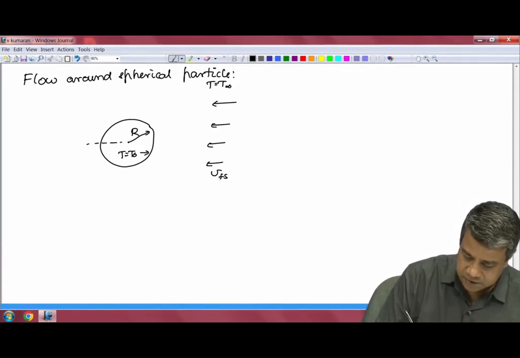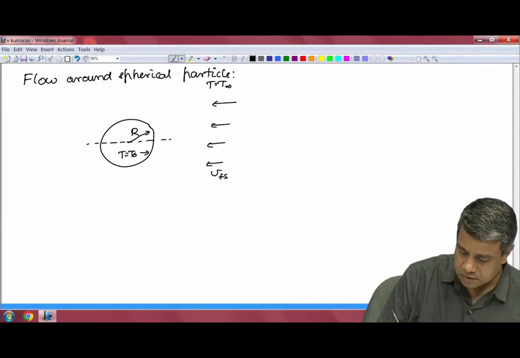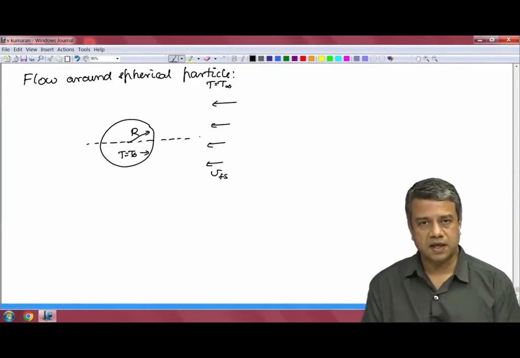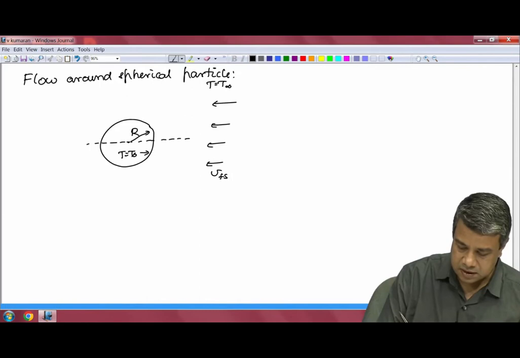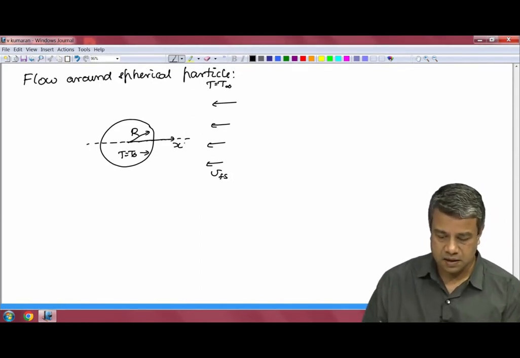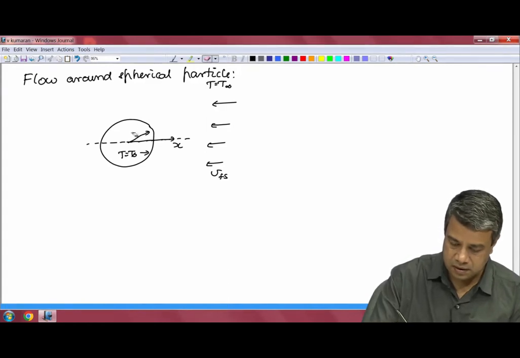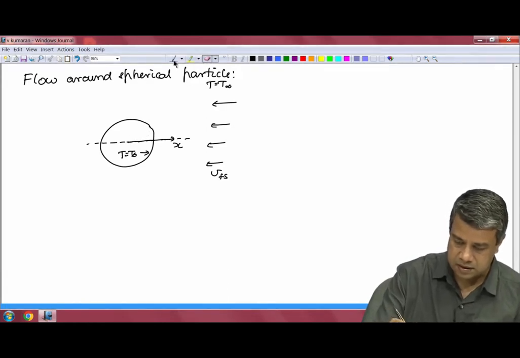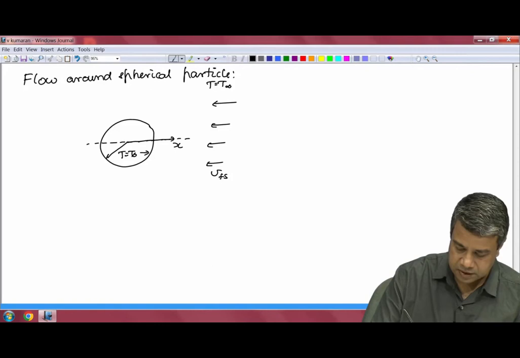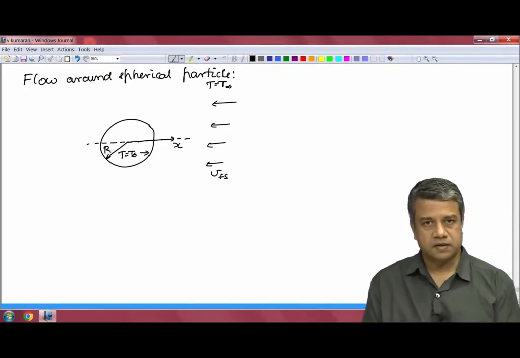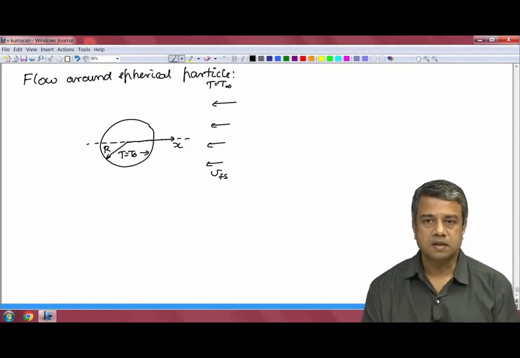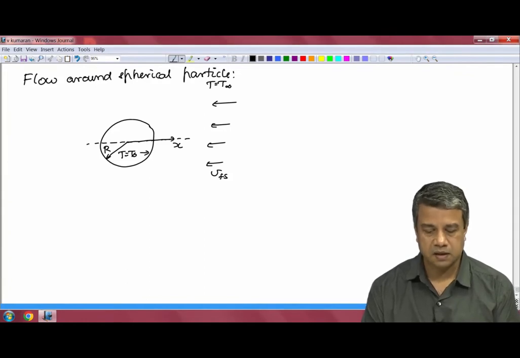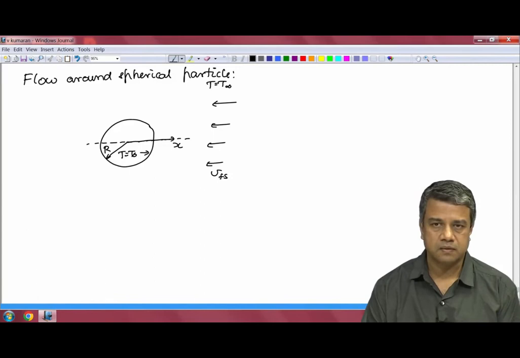It is most convenient to use a coordinate system in which the axis, which I will call x here, is aligned along the flow direction, in this case opposite to the flow direction. A spherical coordinate system, because the problem is axisymmetric around this axis. You have a sphere which is isotropic, it has no direction.